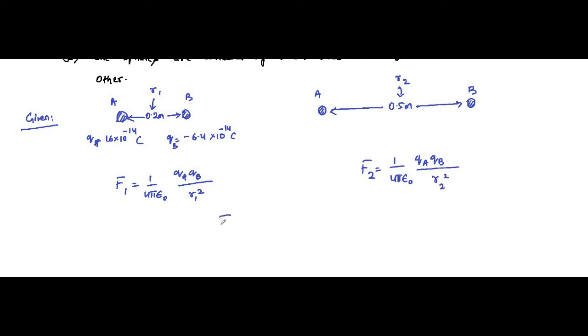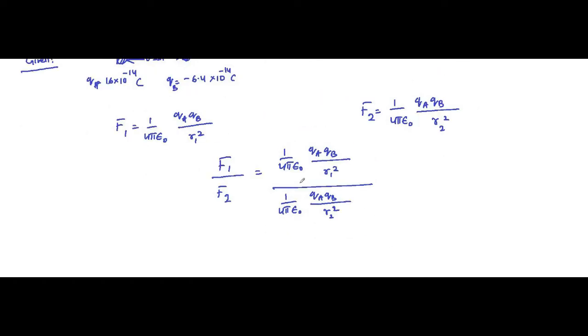Now if we take the ratio of these two forces, F1 by F2, it becomes 1 by 4 pi epsilon 0 QA QB by R1 square divided by 1 by 4 pi epsilon 0 QA QB by R2 square.